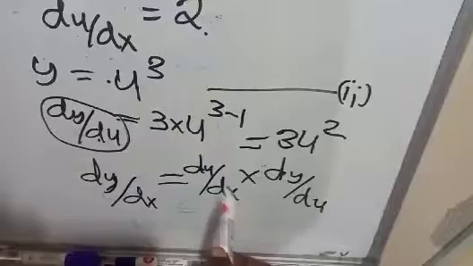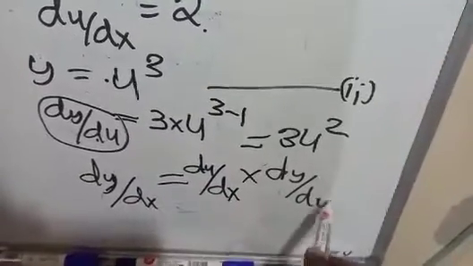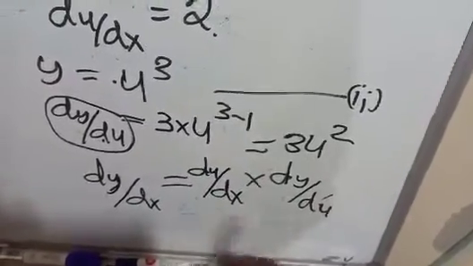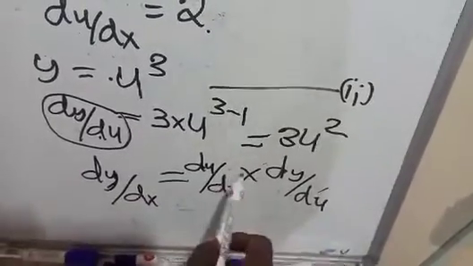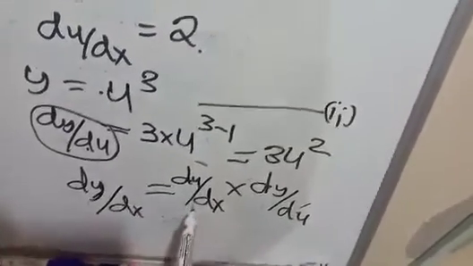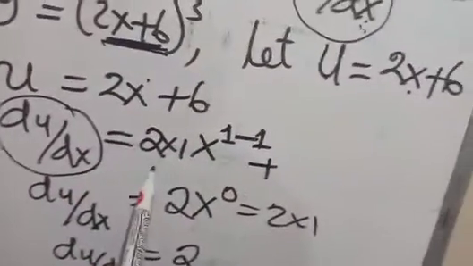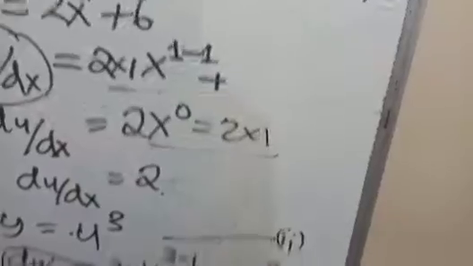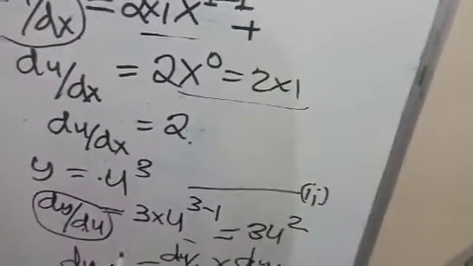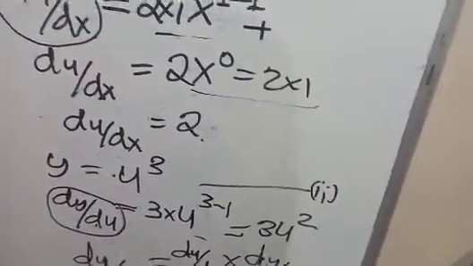But here, for our case, we don't want to cancel this one because they are the same. So instead of doing that, we will take the value that we got when we differentiated u with respect to x. So we will take this value, then we times with the value of dy/du.